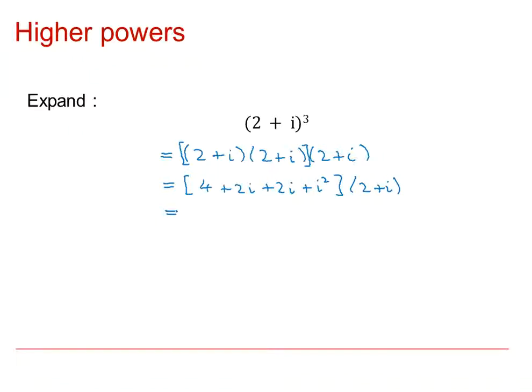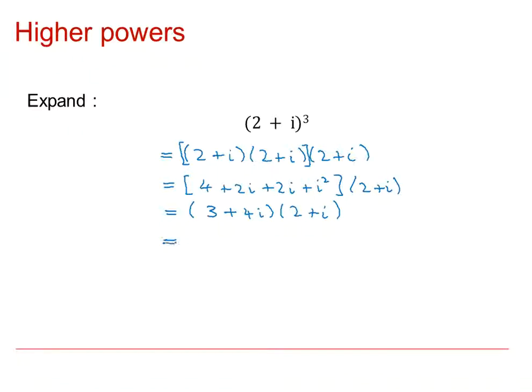So if we look at the i squared first, we know that i squared is minus 1, plus the 4 gives me 3 for the real part. I've got 2i plus 2i is 4i, and now we're ready to multiply by the next bracket.